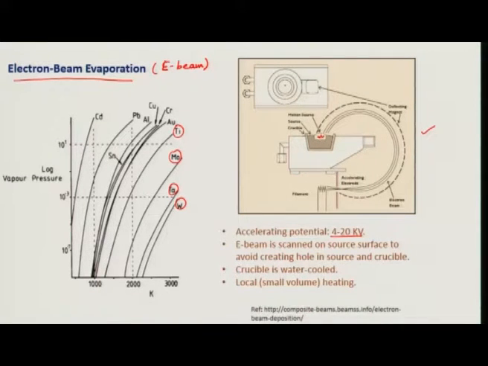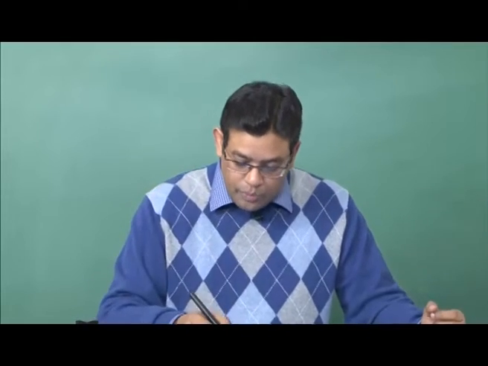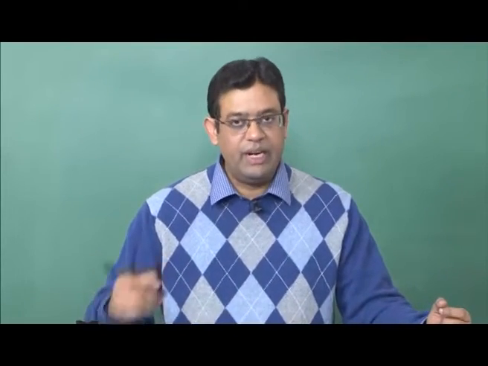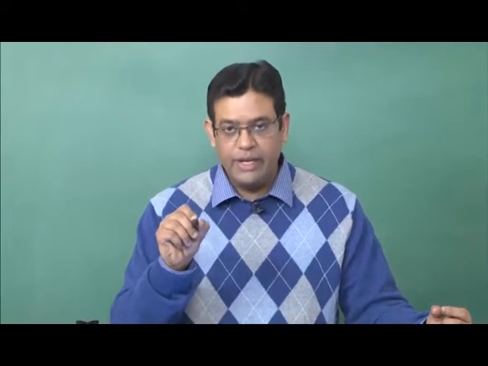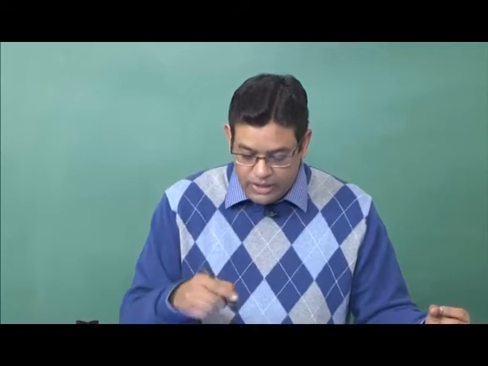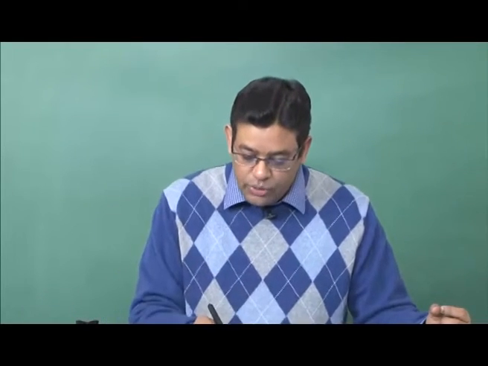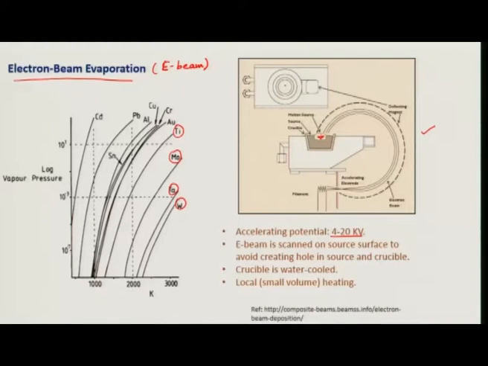And you can also raster your electron beam, because the electron beam is very sharp and pointed. So, not to burn a hole all through the material at one point, it is usually rastered or scanned in a small area, so that you heat a small area of the source material.